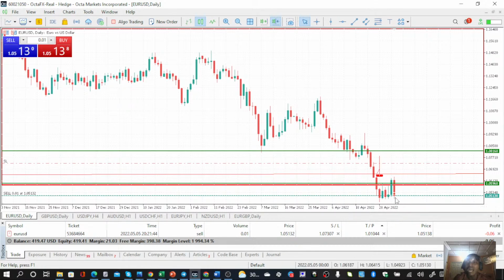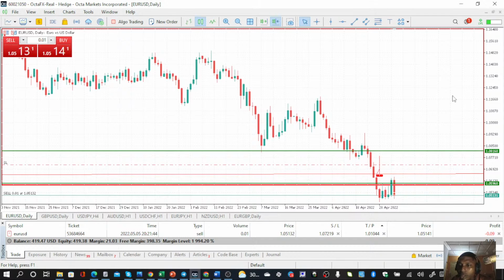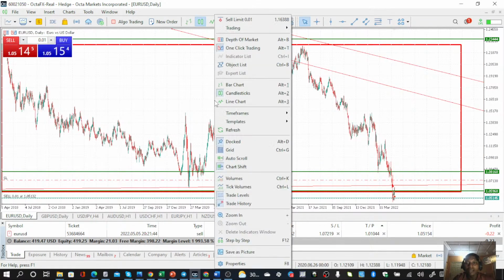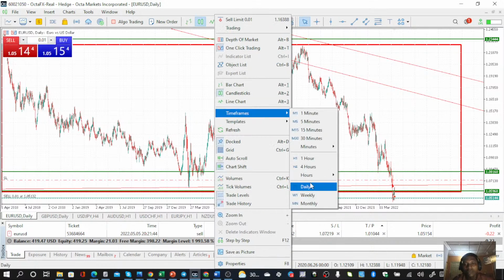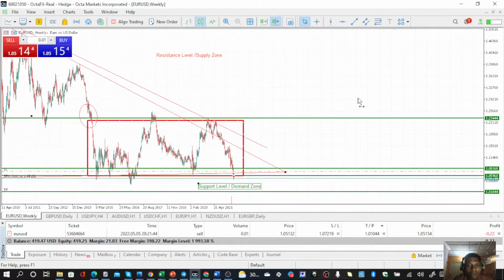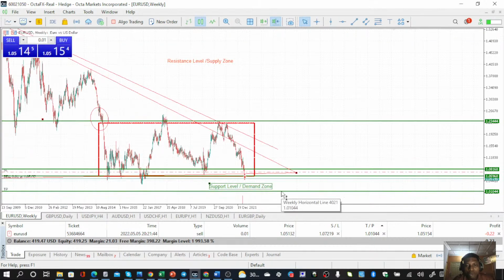Hopefully, price continues to fall. If price goes against me, I'll be losing 20.87. If it goes in my favor and hits my take profit level, that will be 40.